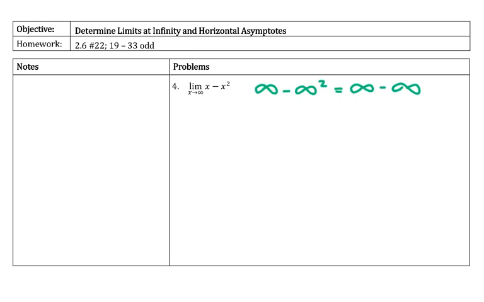Is that also infinity? Who's to say? One way you can handle this is by factoring. If you're looking at a problem and you're not sure what to do, factoring is always a good option, which in this case becomes the limit as x approaches infinity of x times (1 minus x).